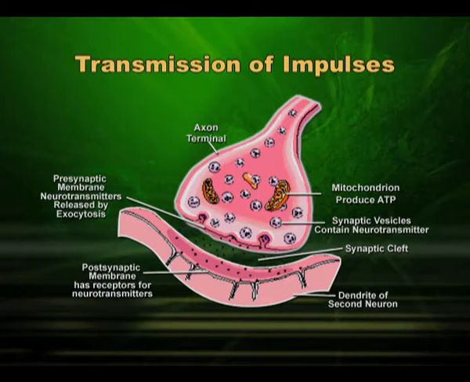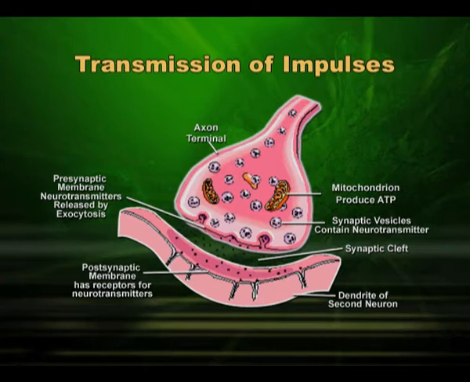After the terminal, what happens? We know it makes a synapse with another nerve cell. In this diagram, you can see a synapse. A synapse is a space present between two nerve cells, that is, the axonal end of one nerve cell and the dendrite beginning of the other nerve cell.